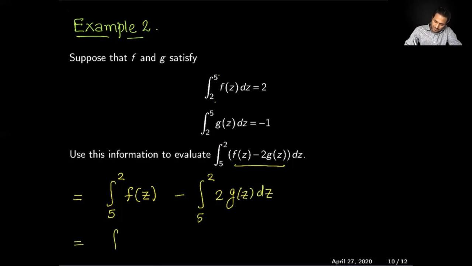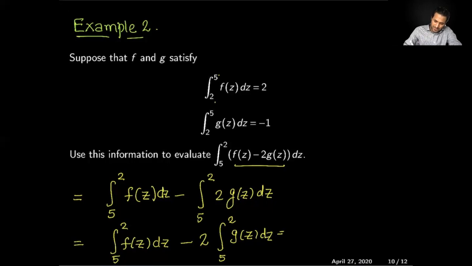And then you can pull out 2 because 2 is a constant. It can be pulled out of the integral sign.